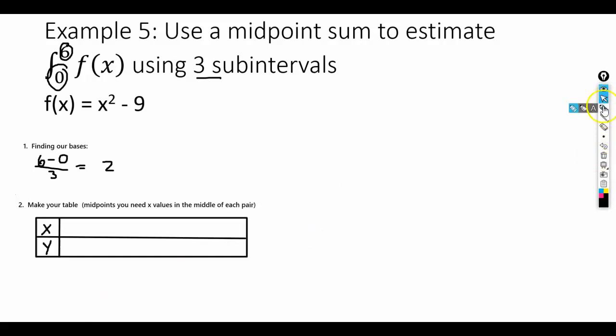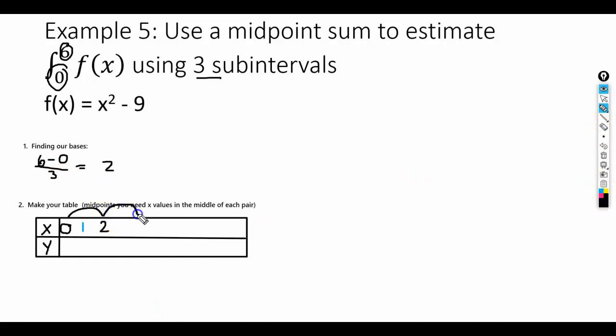Let's make a table. Now I want to start at x equals 0, and then I want to go by 2s. So my next number is going to be a 2. But I need the number in the middle there, because when you're doing a midpoint sum, we need that middle x value. Okay?